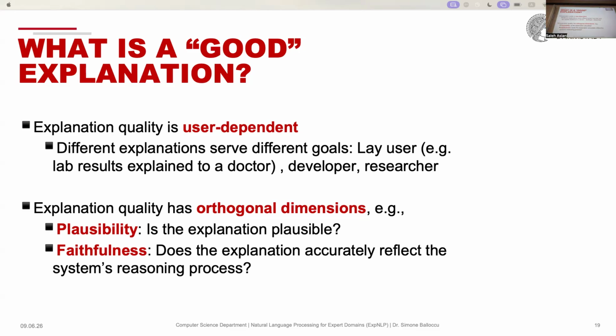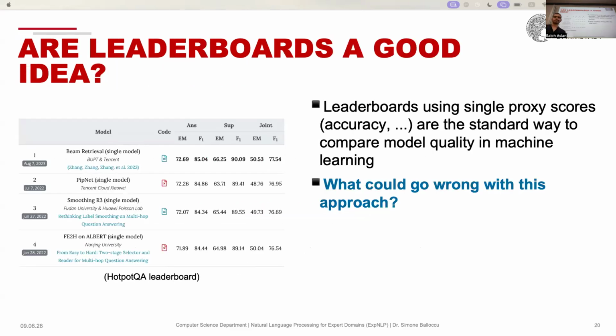But we also have faithfulness, and this is basically saying, does the explanation actually reflect the system's reasoning process? So the model might produce you a good explanation, something that looks good and looks logical, but it's not really the reason behind the model's decision. That's also important.